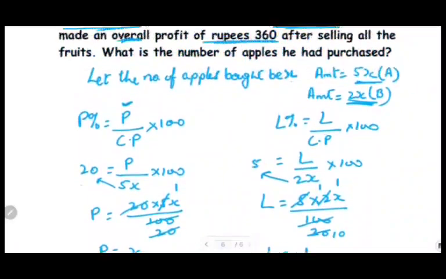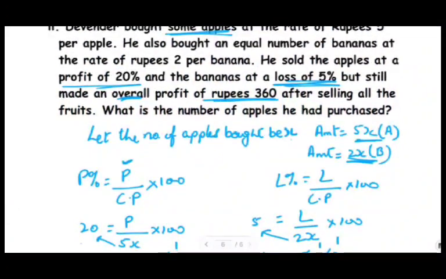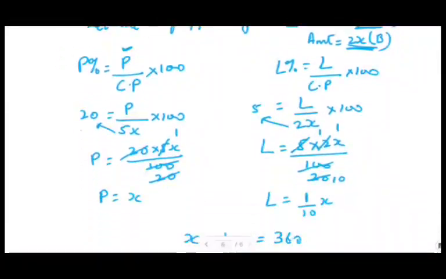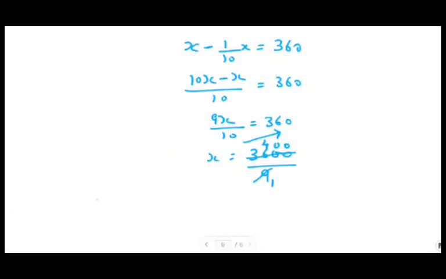The number of apples is going to be x, and the value of x is 400. So Devender purchased 400 apples.